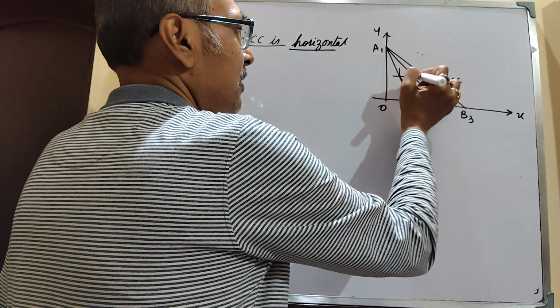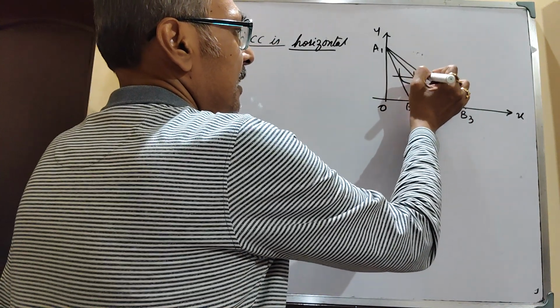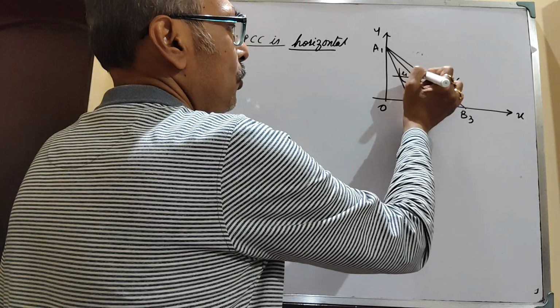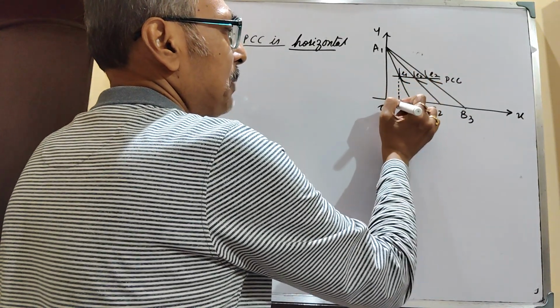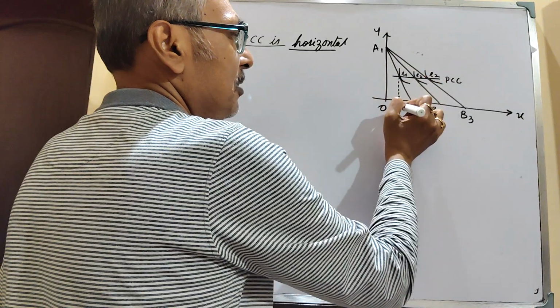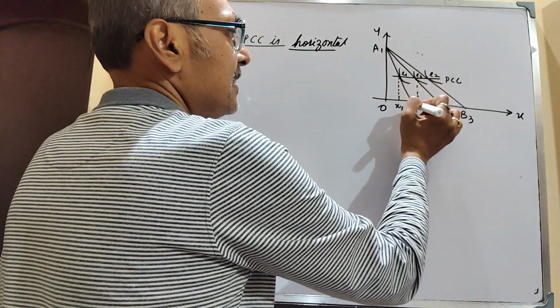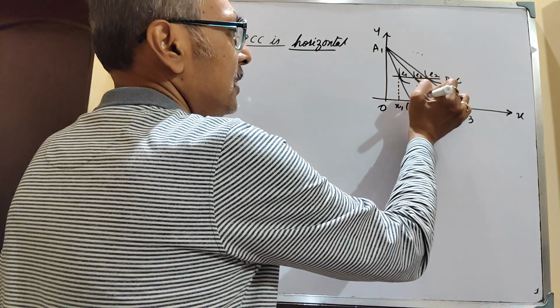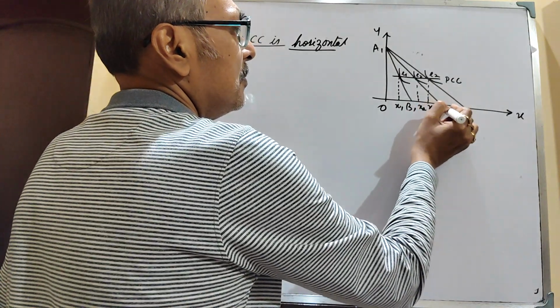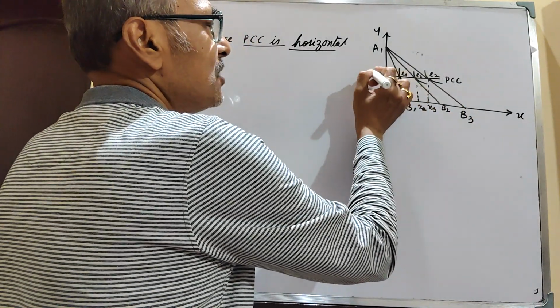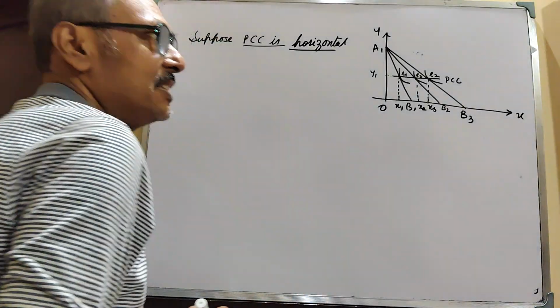Then I am drawing the indifference curve. This is the locus. And I am dropping a perpendicular from the equilibrium. This is x1, this is x2 and this is x3. Y remains constant at y5.